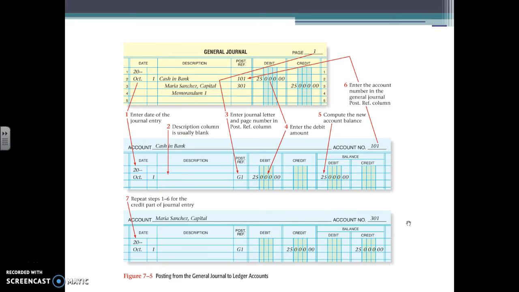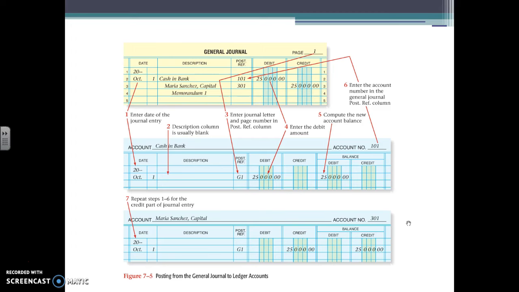So you first are going to enter the date of the journal entry into the Cash and Bank account because that is the first one that's listed in the General Journal. The post reference is G1, General Journal, page 1. The debit amount, $25,000, and because Cash and Bank is an asset, it's going to carry a debit balance of $25,000, which is 25,000 plus 0.